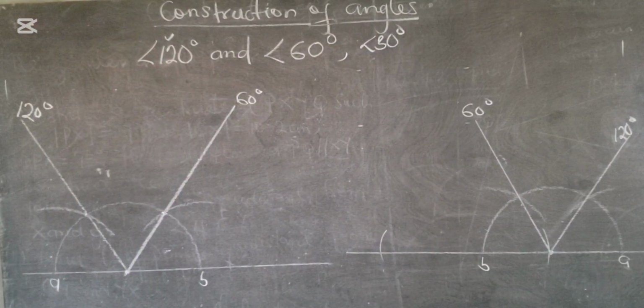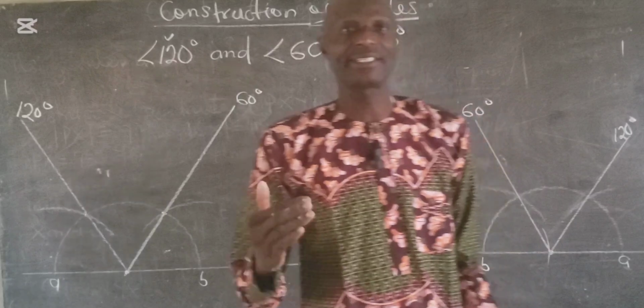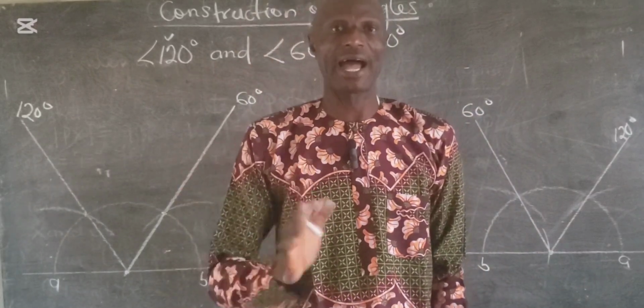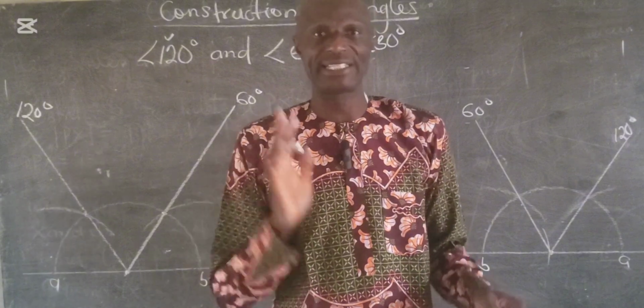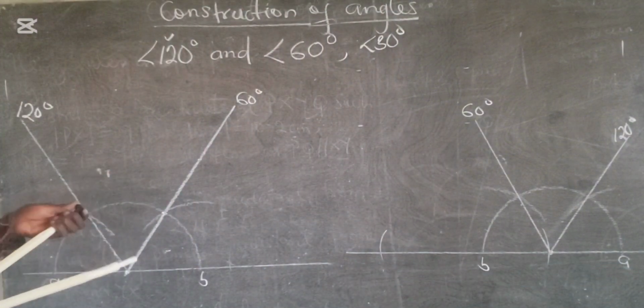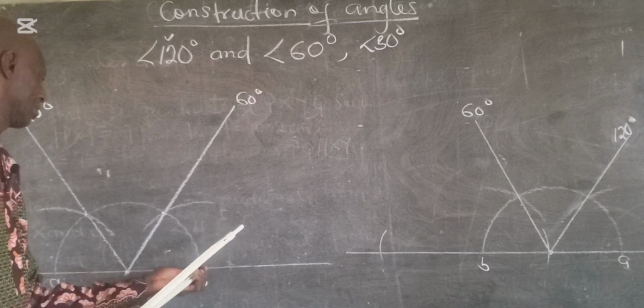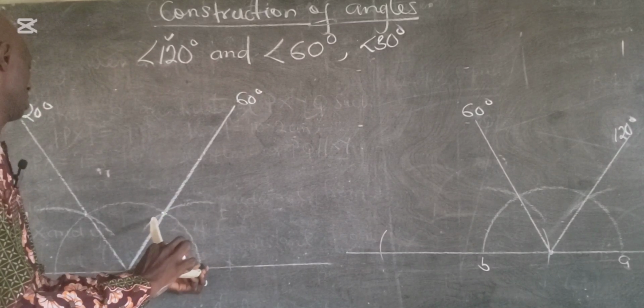Before you can construct angle 30 degree, you first and foremost construct angle 60 degree. When you bisect 60 into 2, you get 30. Now, look at it. When I put it at this point, we draw something like this.